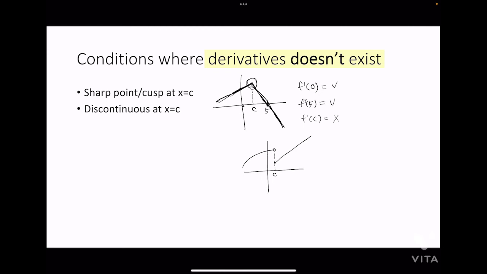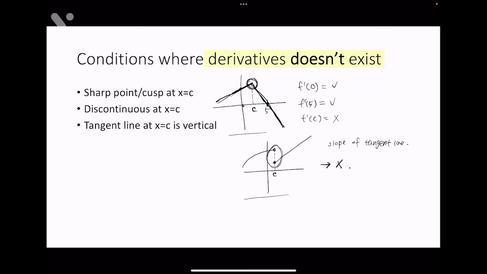Because these two points are not connected, we can't calculate the rate of change. The rate of change can be calculated by the slope of the tangent. For both these two cases, at these points c, we can't draw a tangent line. That's why it doesn't exist.